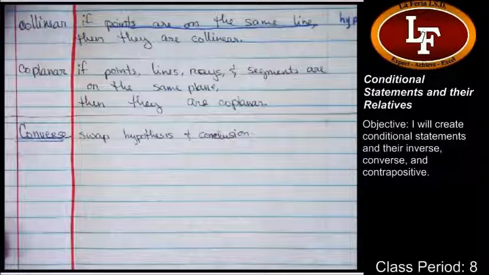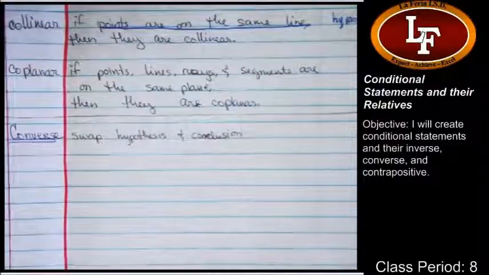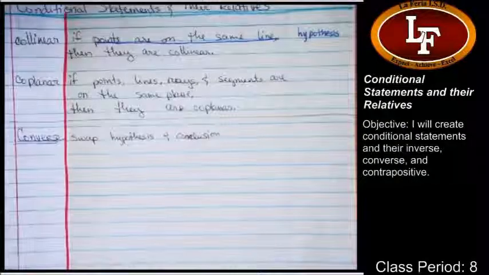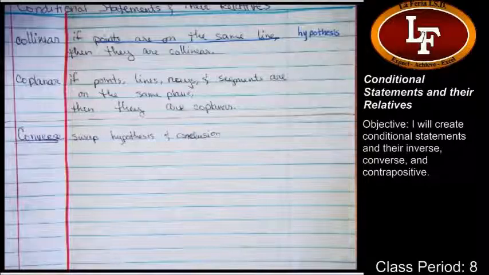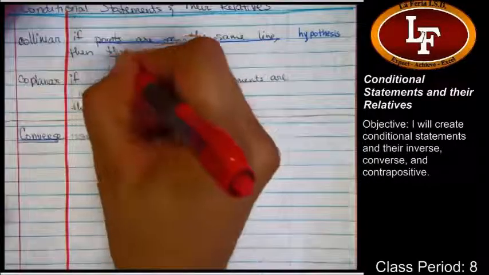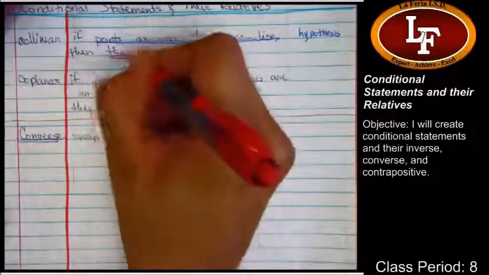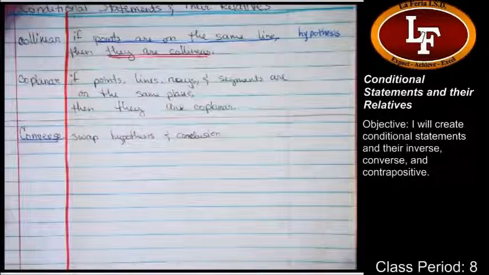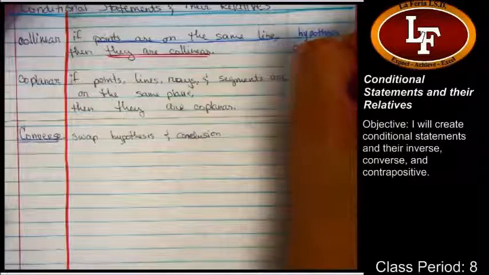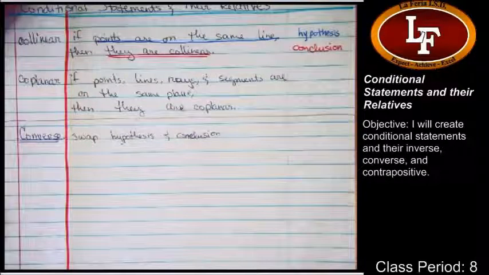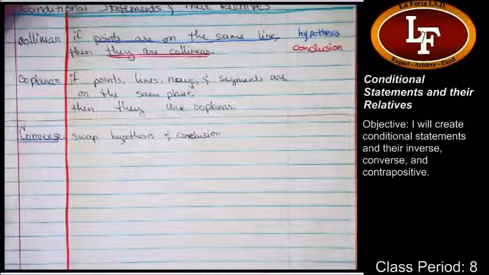If you're using two colors, in your other color, I want you to double underline the other part of your sentence. This is the conclusion.